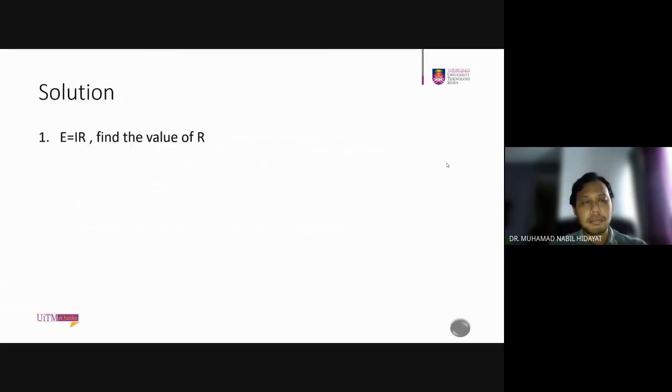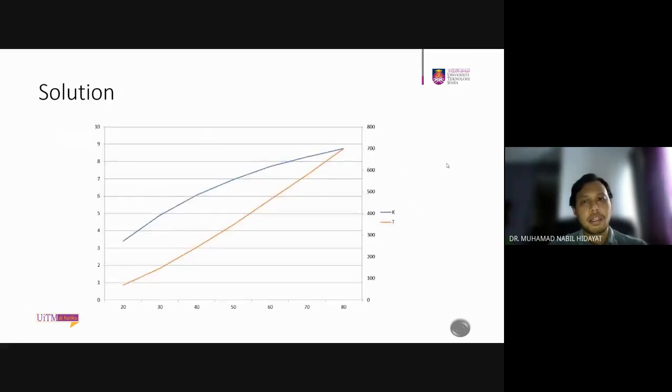So some hints. To solve this problem, first, based on E equals IR, find the value of R. And this will be a hint, the solution. The blue is the value of the constant, and the orange one is the value of torque.